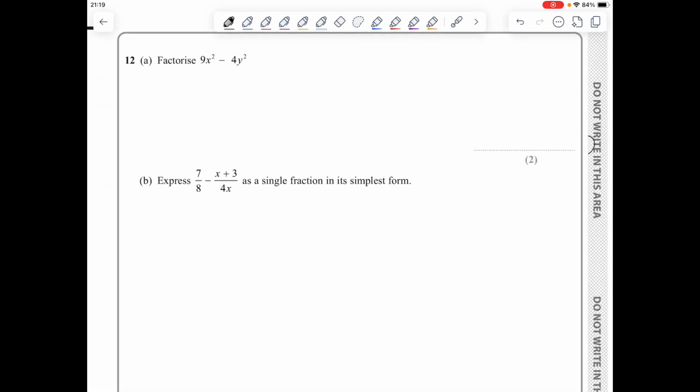Part A of question 12 is the difference of two squares, so the two factors will be 3x minus 2y and 3x plus 2y. For part B, the lowest common multiple of the denominators is equal to 8x. So I'll multiply the first fraction by x and the second by 2.